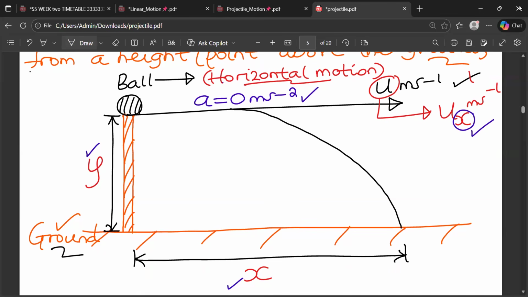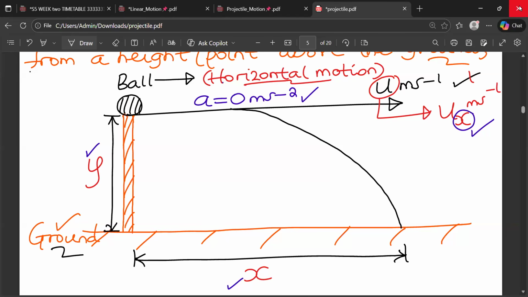Now I want to go to vertical motion. Let's now talk about vertical motion. You people, let me ask you a simple question that is hard. What is my vertical motion initially?